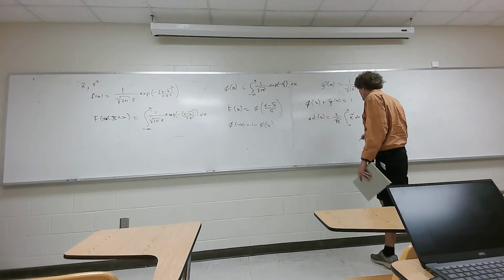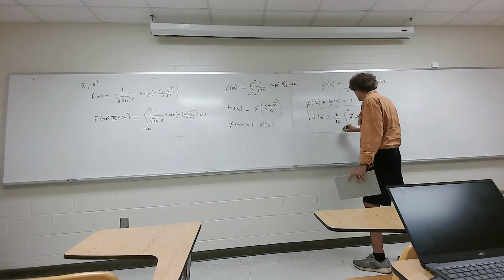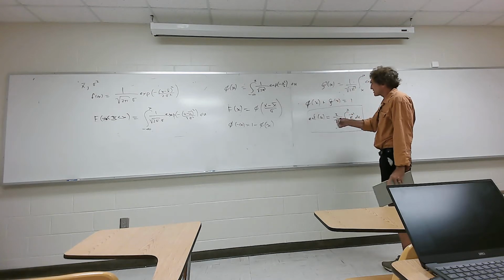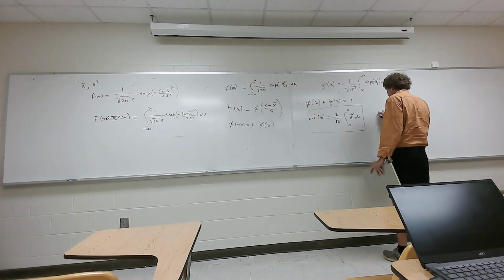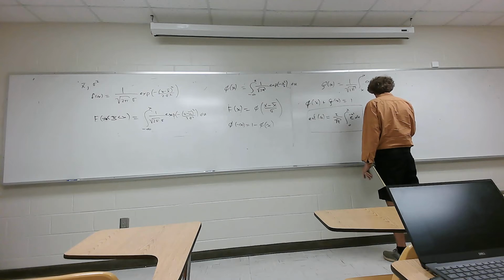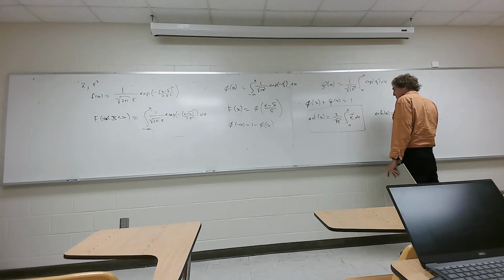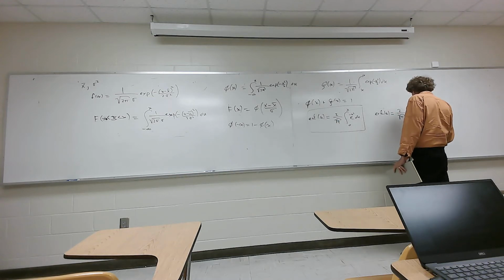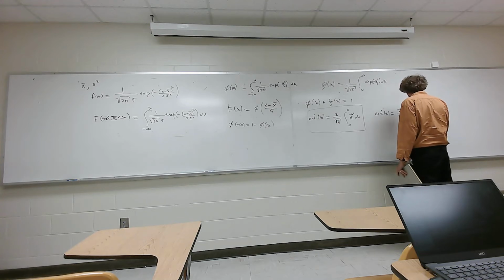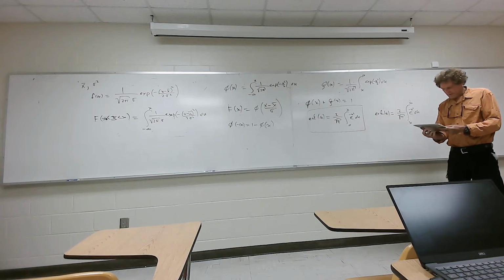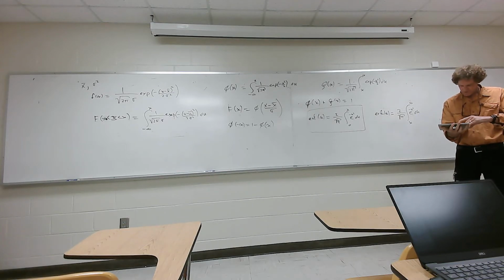The reason I'm telling you this one's always used, and you're going to see we can get the Q function, all these other functions from this. The other one is the complementary error function, and that's equal to 2 over the square root of pi, but then the integral goes from x to infinity of e to the minus u squared du. And that's the complementary error function.